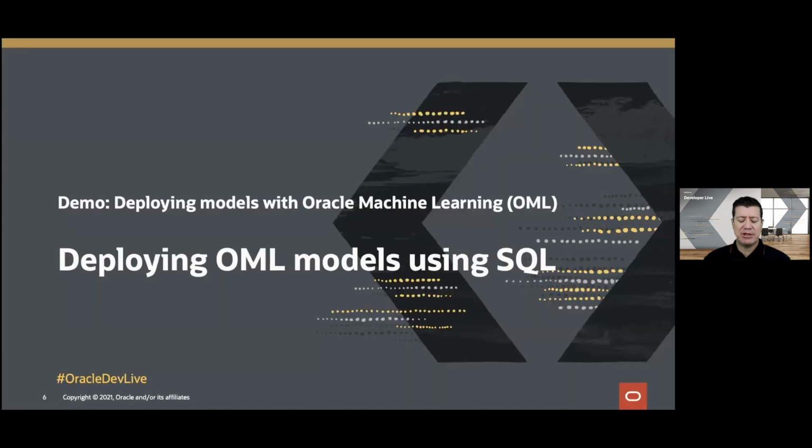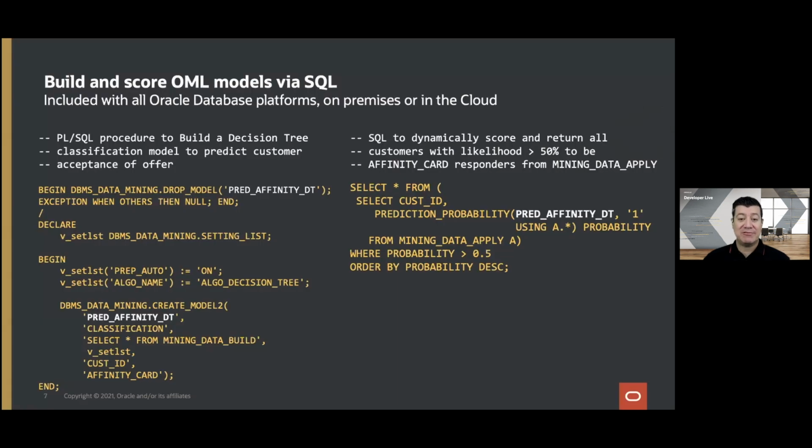So very simply put, the Oracle Machine Learning interface provides you with the ability to deploy those OML models, right? For example, using something as simple as SQL, on the left-hand side, we see that we can build a model using PL/SQL, right?